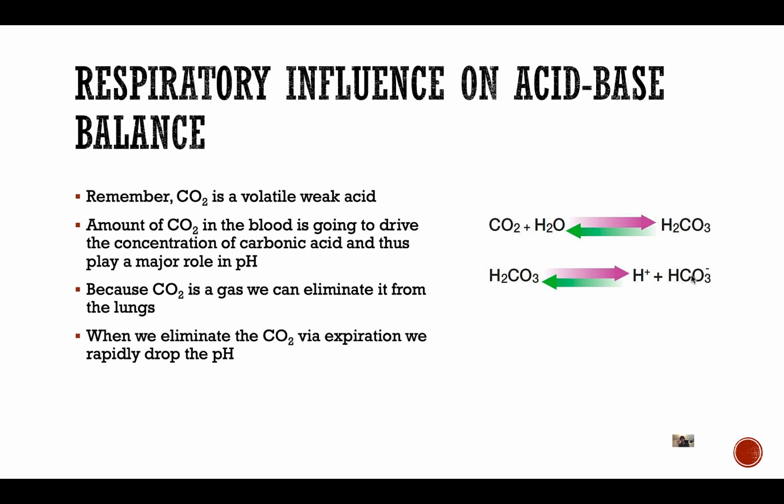Essentially, what we're doing is we're using bicarbonate to buffer out the change in acid load inside the body. That bicarbonate helps facilitate the expiration of the CO2, which helps to reduce our hydrogen ion concentration and thus make us less acidic.